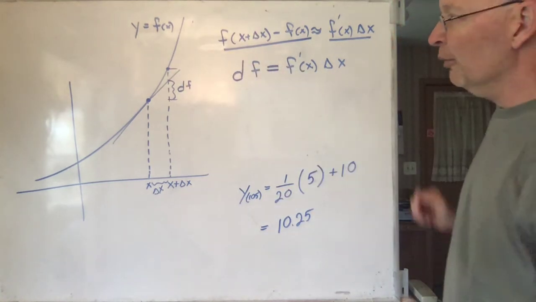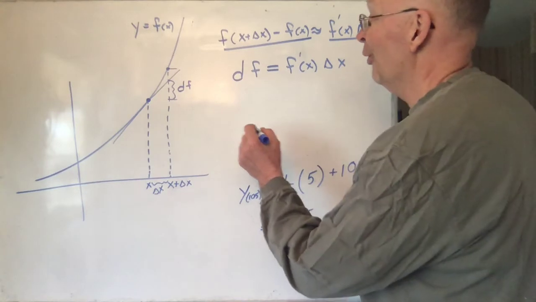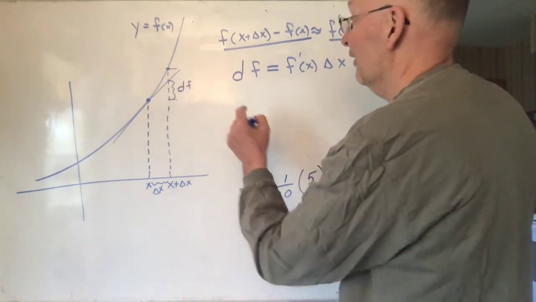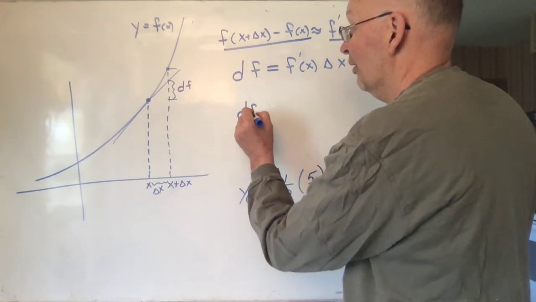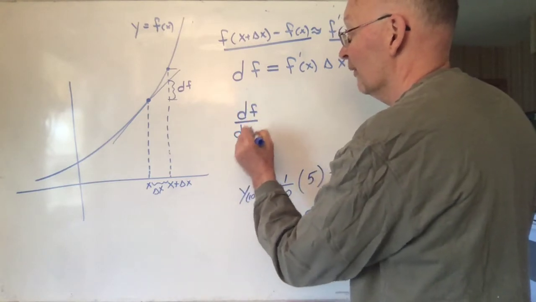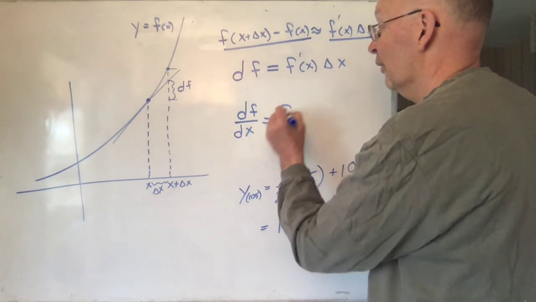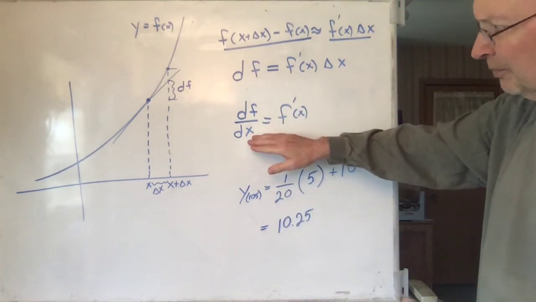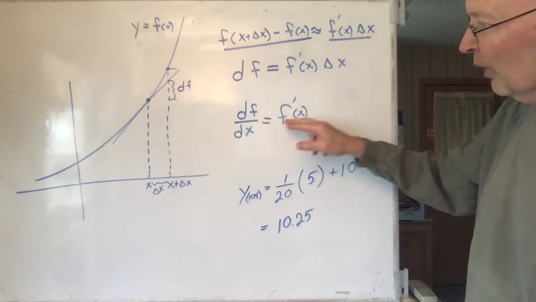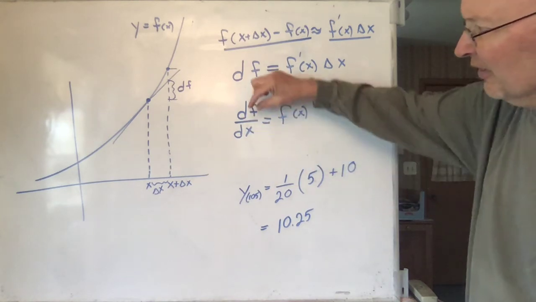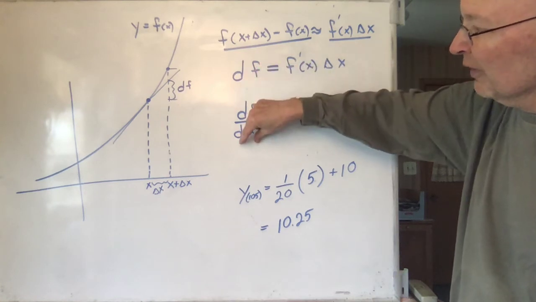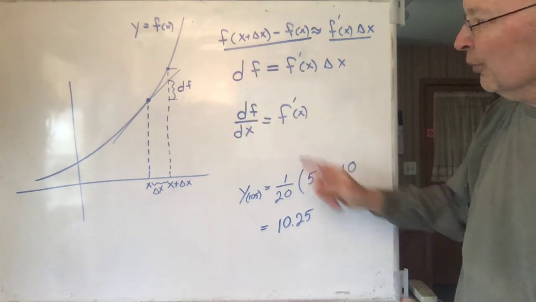So just one other way, just to confuse you even more, notice that we have two different ways of writing the derivative. Here's one way of writing the derivative. Here's another way. If you think of it this way, that the derivative is this infinitesimal change in the y value over the change in the x value. That's what the derivative is.